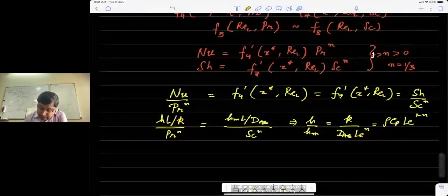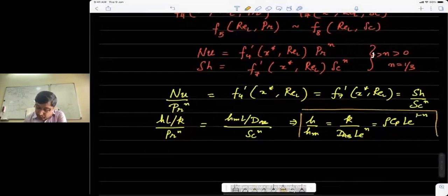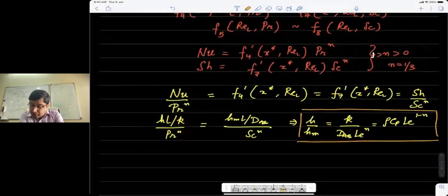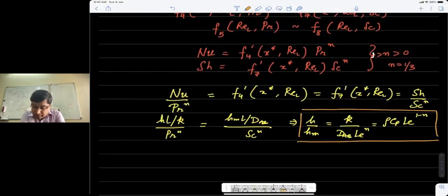This kind of an equation can be very helpful if you have measurements or a correlation for one coefficient. It could be the heat transfer coefficient that you have, and from that you can recover the mass transfer coefficient, or it could be the mass transfer coefficient that you somehow measure, and then you can recover the heat transfer coefficient.